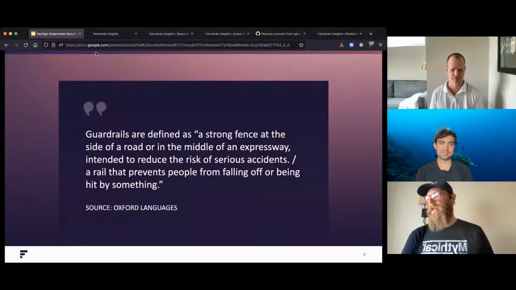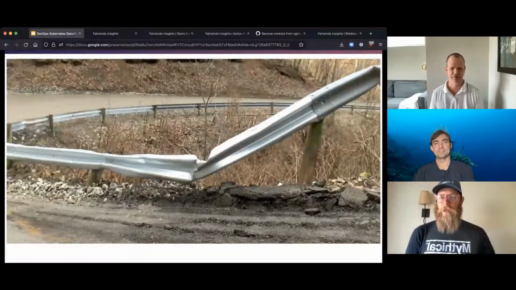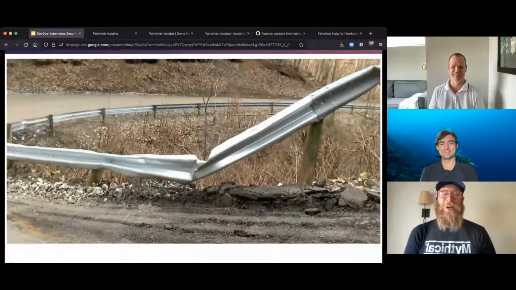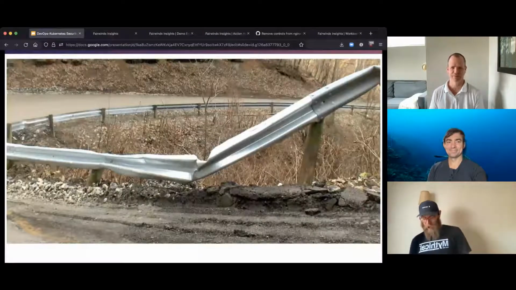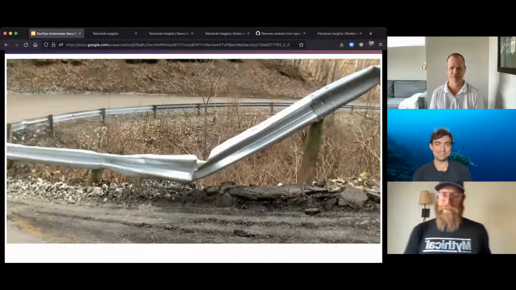Putting a guardrail up keeps people from falling off that cliff or driving off that expressway, as the case may be. And we've got a good picture of a guardrail being used to its full potential, doing its job. You don't want to have to hit the guardrail, but when you hit the guardrail, you're really, really happy that the guardrail is there.